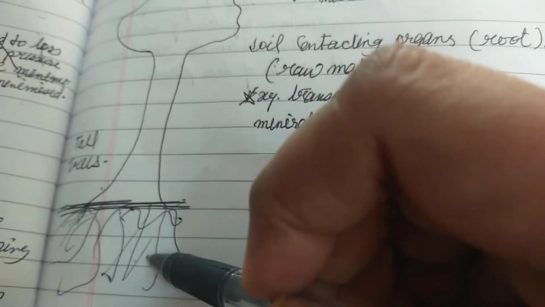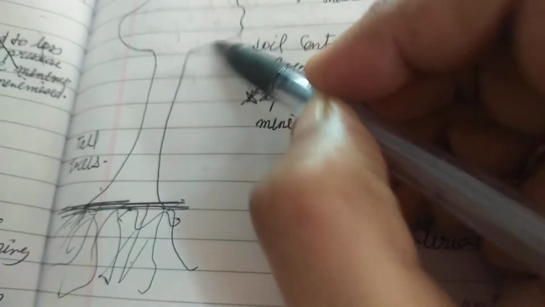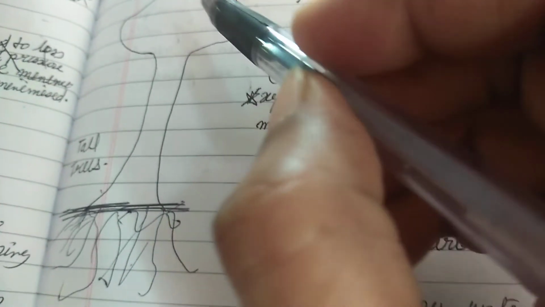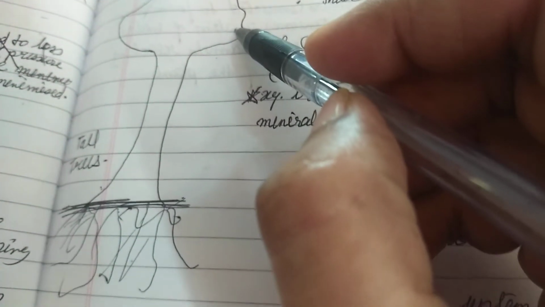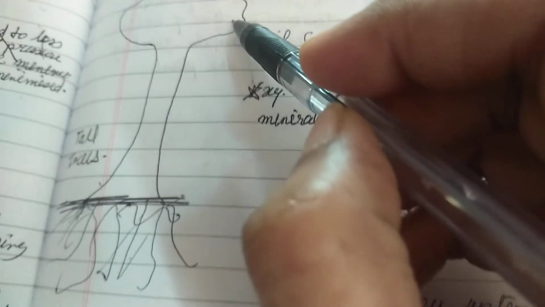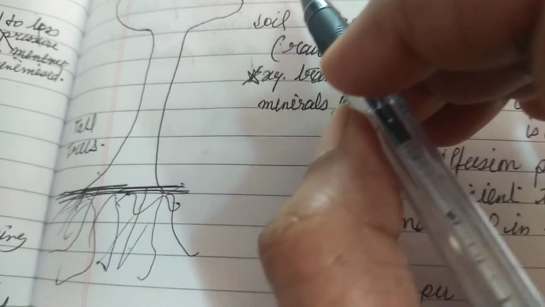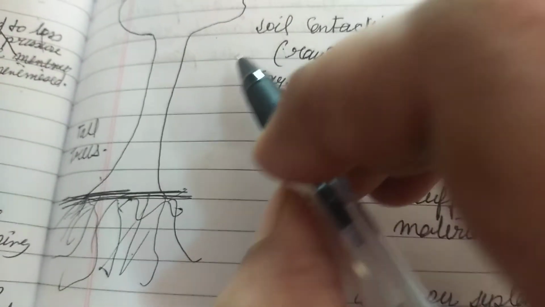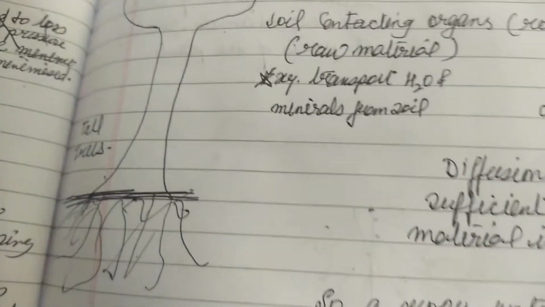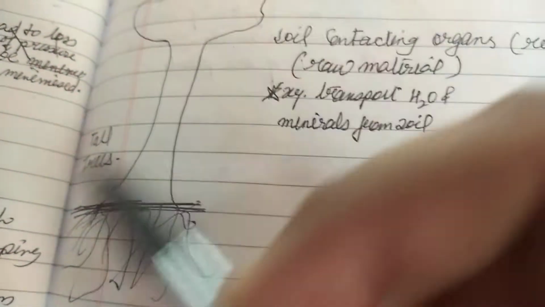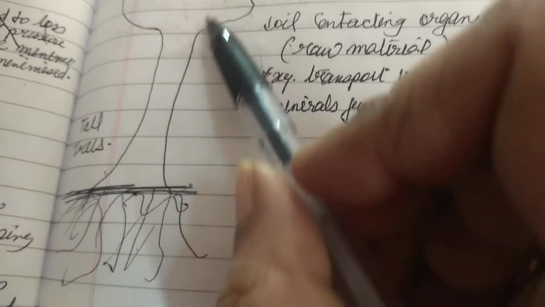So from here to here, this part, raw material has to be transported. So for that, a proper transportation system is required. Clear? So simple diffusion won't work for transportation, even for water or other raw material.